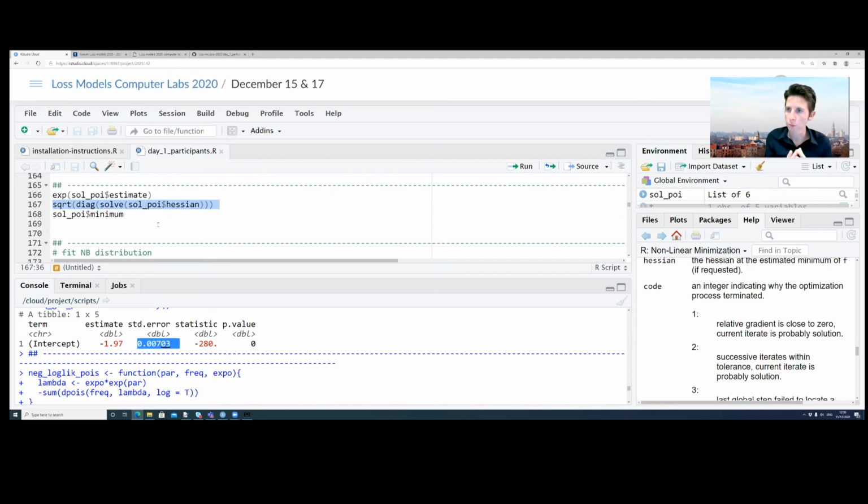But this Fisher information matrix uses the negative second order derivatives of my log likelihood, right? So the point that I want to make is, when I calculate my Hessian, where did my minus sign go?